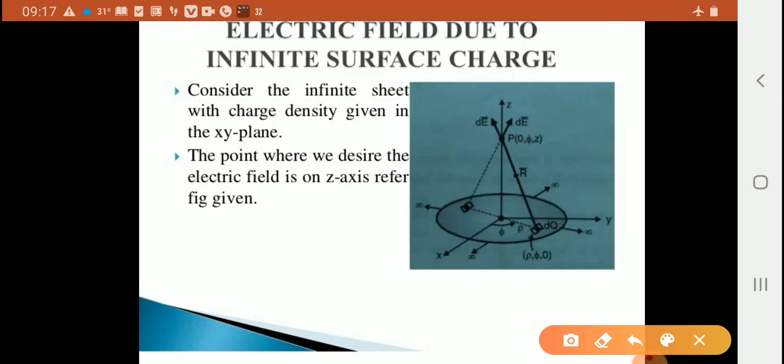We will calculate the equation of E at point P.